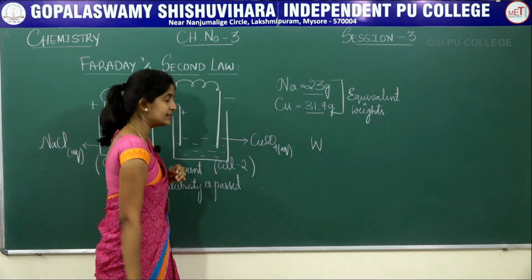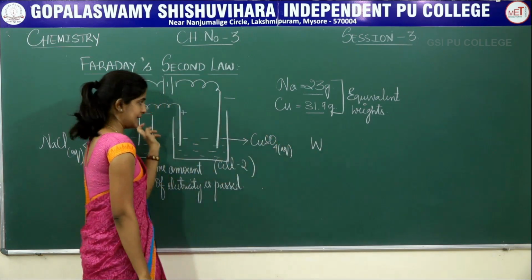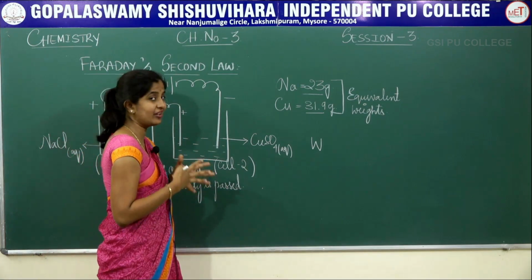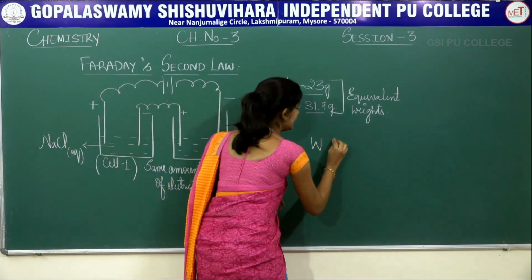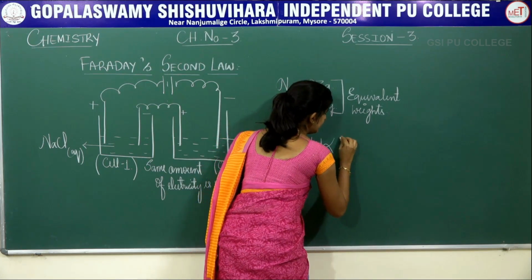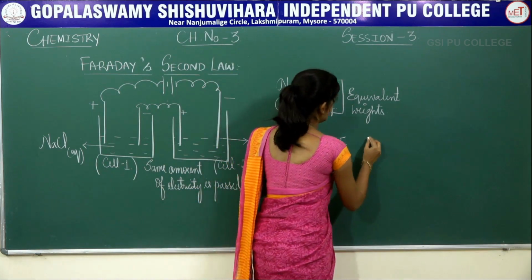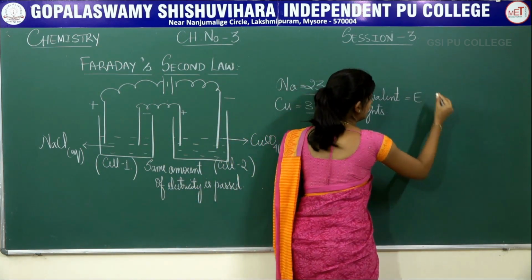Any amount of substance deposited at the electrodes, when a fixed amount of electric current is passed, is directly proportional to its equivalent mass. So E is your equivalent mass.